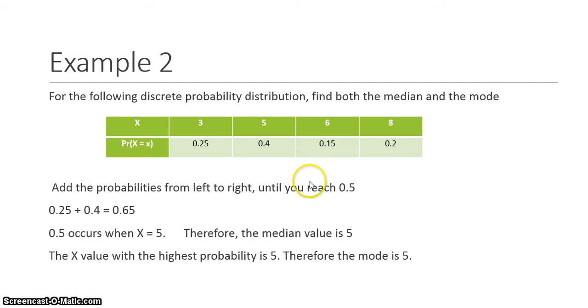For the median, add the probabilities from left to right until you reach 0.5 or exceed 0.5. If you exceed 0.5 like I have here, then your median value is the associated x value. With the mode, look for the x value with the highest probability. As I've found here, 5 has the highest probability, so the mode is 5.